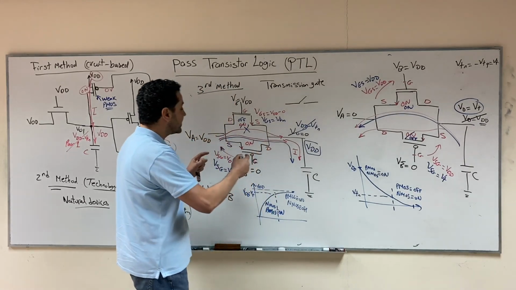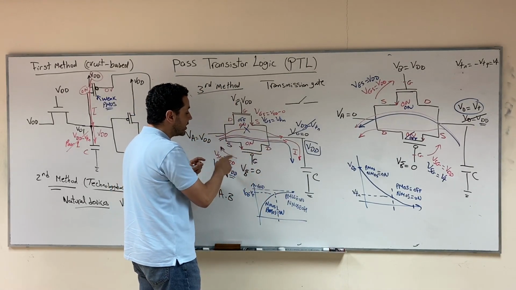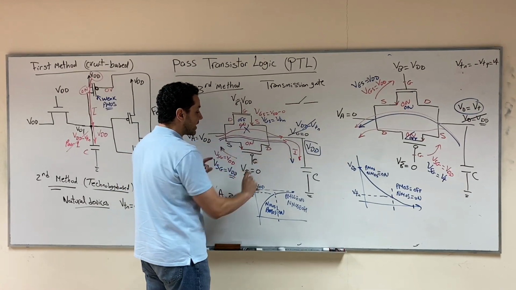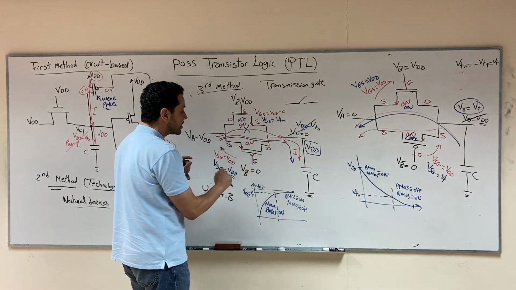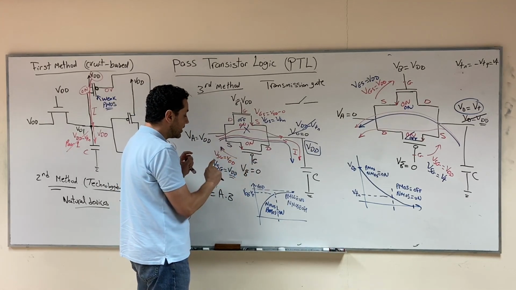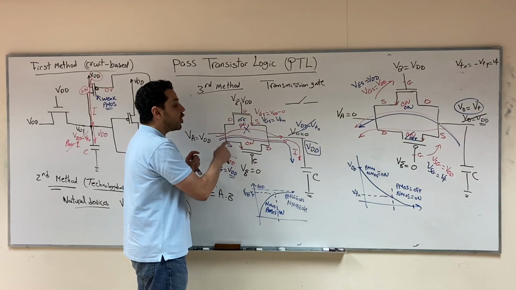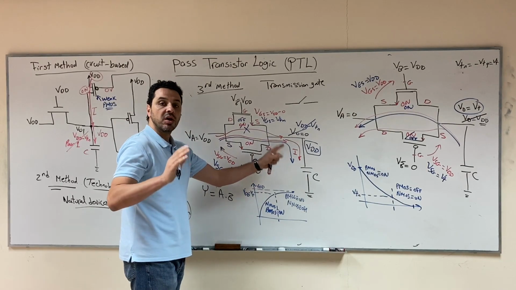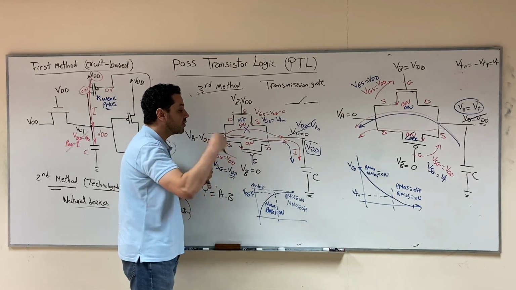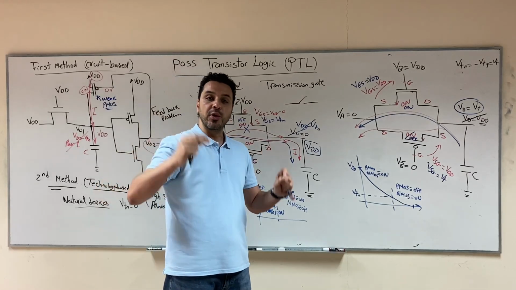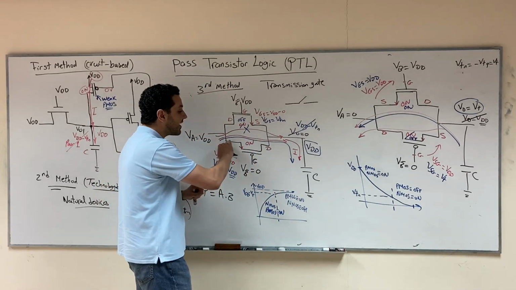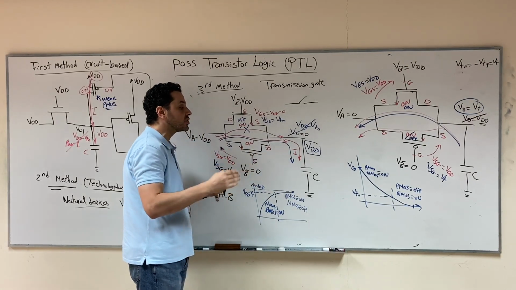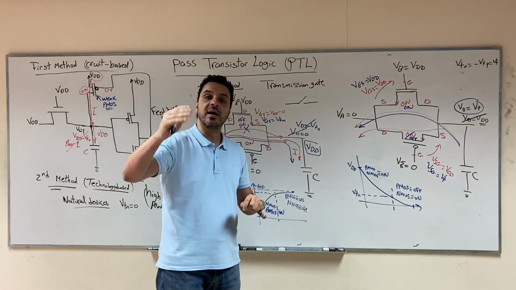Why? Because there will always be one of the transistors on, with VGS or VSG that doesn't depend on the voltage of the capacitor. For example, while the capacitor is charging, the PMOS will always be on with VSG equals VDD, regardless of the voltage of the capacitor. So the speed of charging will always be high. This p-mos transistor will always work fully with VSG equals VDD, so the current that charges the capacitor will always be high, and hence the capacitor will always charge with high speed.